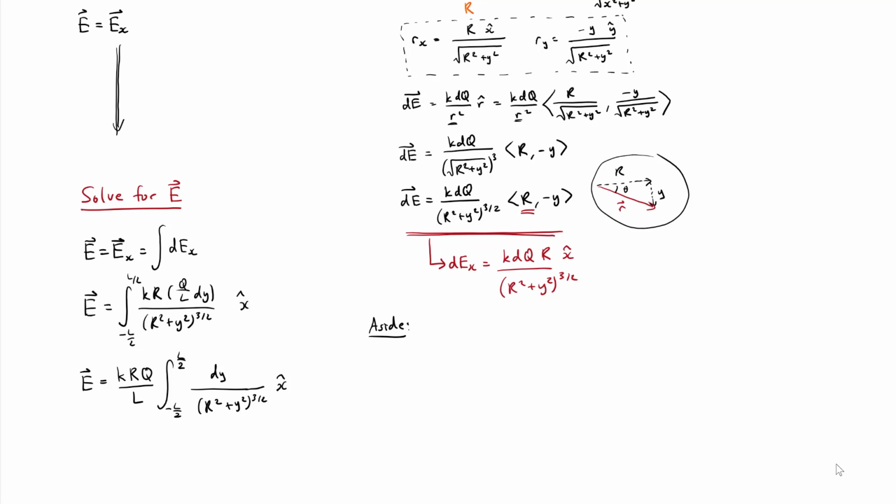this is, oops, don't know why I erased that. That is theta. So in this case, what we would want to do is write down the tangent of theta is equal to y over capital R. So that means I can rewrite this as y is equal to R tan theta.